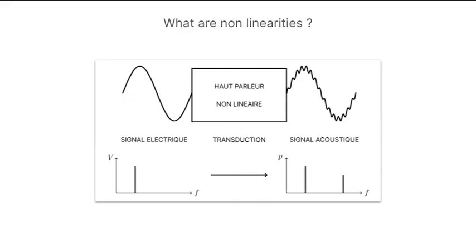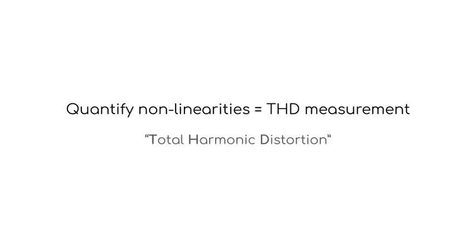But what is non-linearity? In acoustics, non-linearity is the appearance of harmonics in a pure signal that originally contained a single frequency line. Quantifying the non-linearity of a system therefore comes down to measuring the THD, which stands for total harmonic distortion.